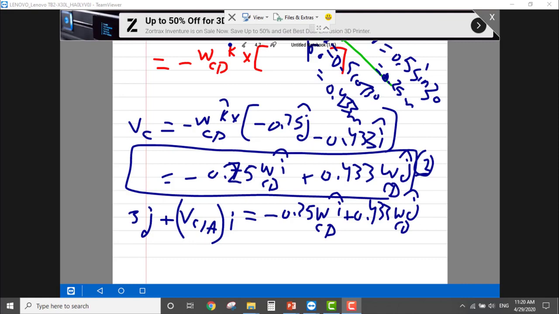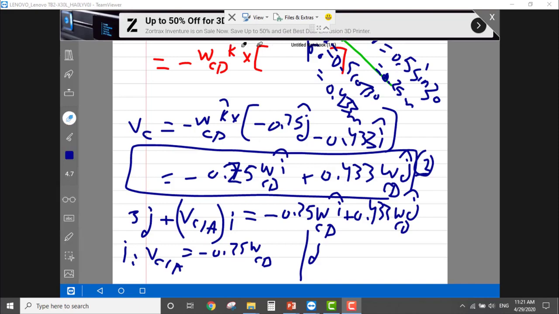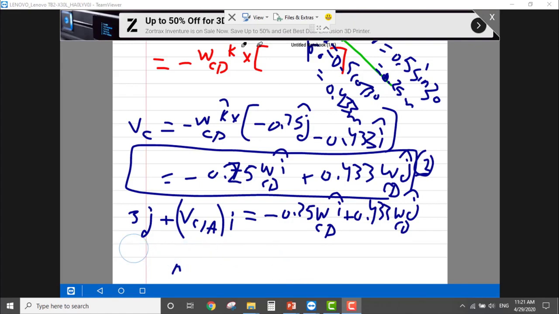So let me start with the I equation. On the left side we have only VCA, and on the right side we have minus 0.25 omega CD. Actually, let me start with the J equation, then I'll go back to the I equation, because there is no space and I don't want to move between sheets.